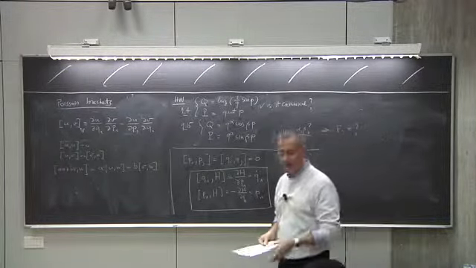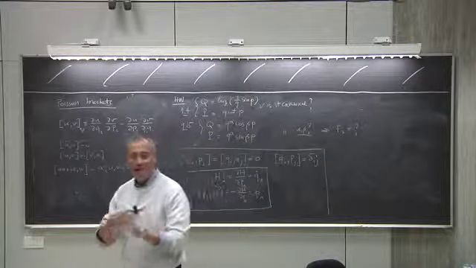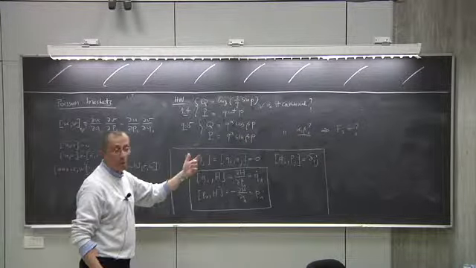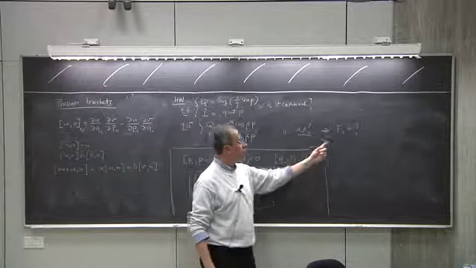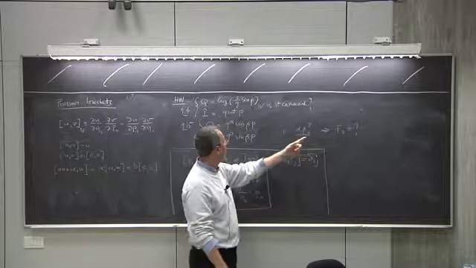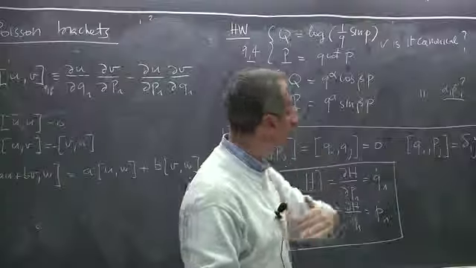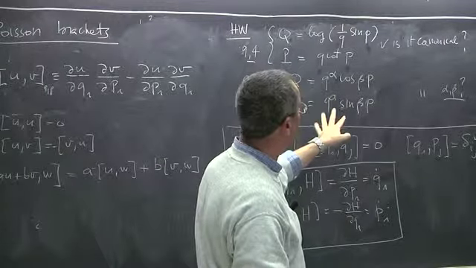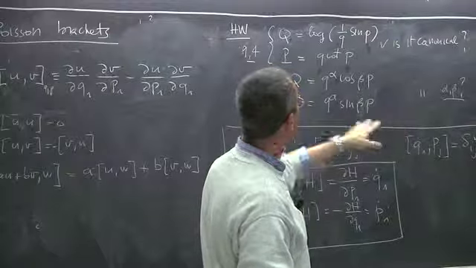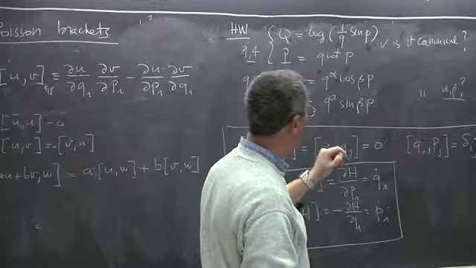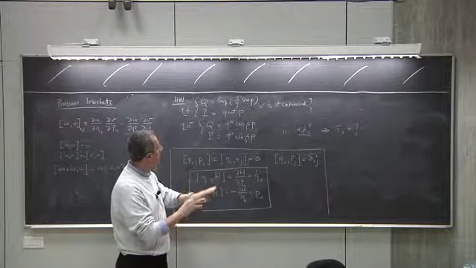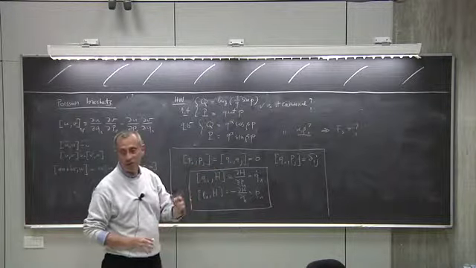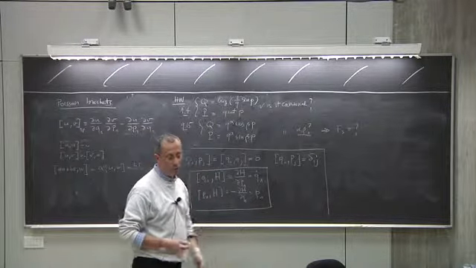How do you find an F? Clearly, you have to mix your coordinates. Here is the opposite problem. Usually, you have the F, and then, by using the equations we discussed today, you find the canonical transformation. Here, you have the canonical transformation. So what is the F that generates that canonical transformation? Well, you have to mix your variables and then guess the function. We will do it on Monday.